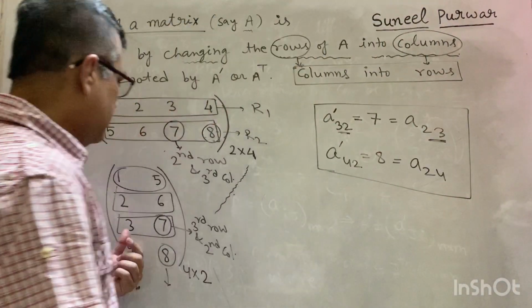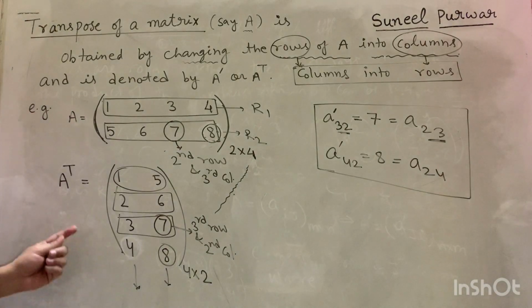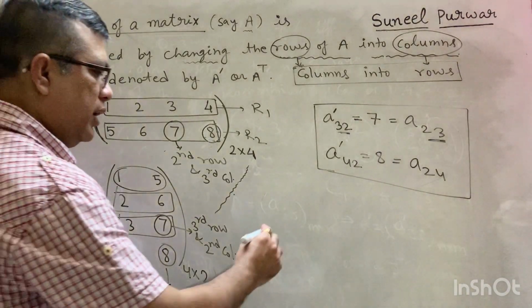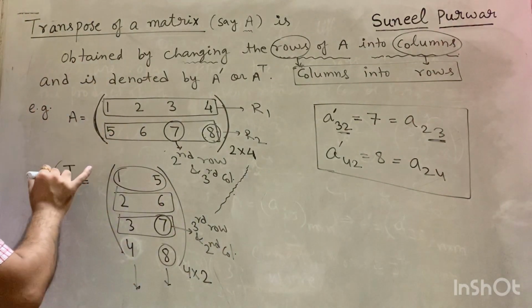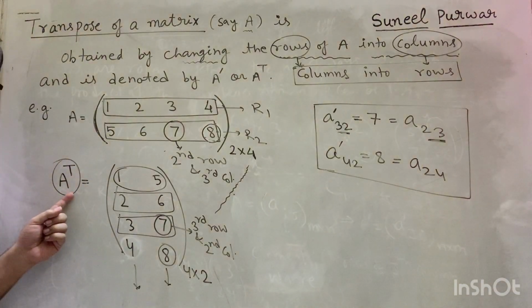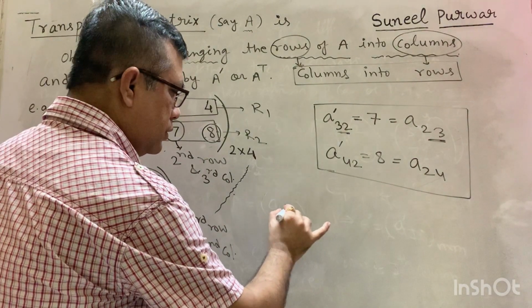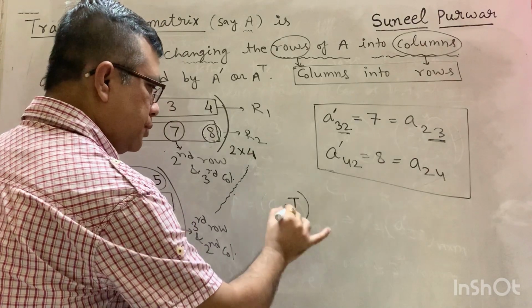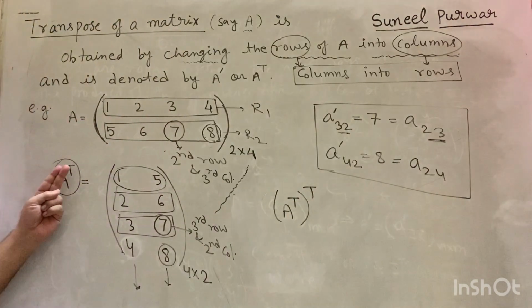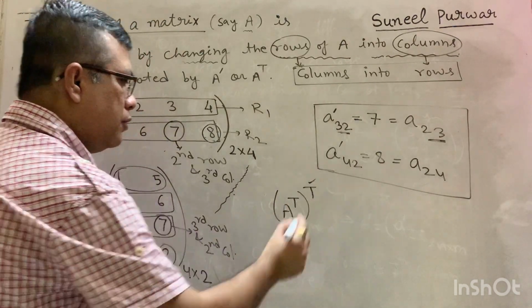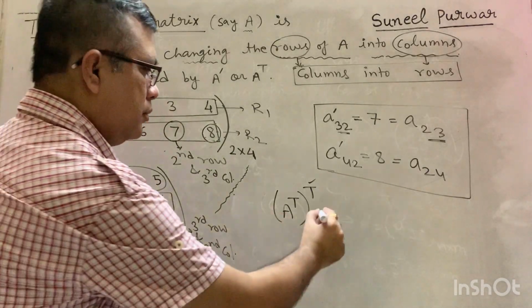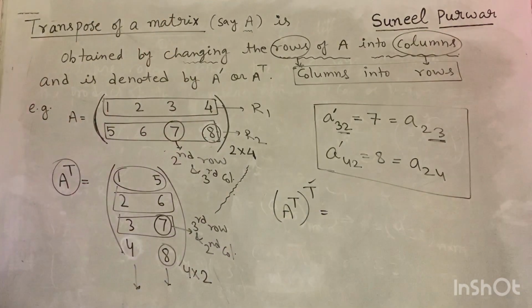Now you see another important observation. This was A transpose. Let's find out the transpose of this matrix itself. So I am asking you to find what? Transpose of A transpose itself. Now apply your learning.